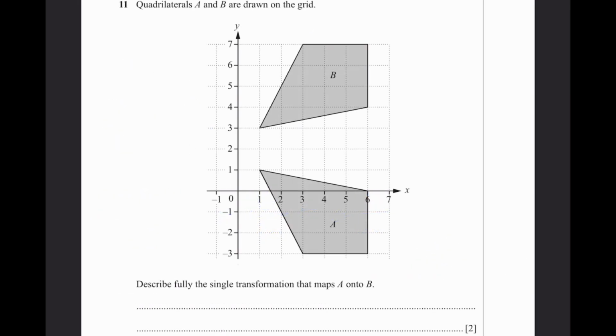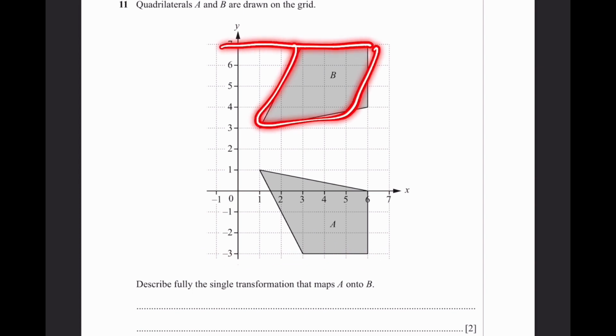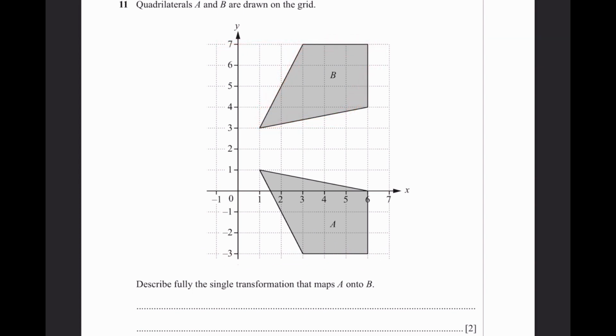Question 11. Quadrilaterals A and B are drawn on the grid. Describe fully the single transformation that maps A onto B. This is actually inverted, as you can quite clearly see. First, this line's on the bottom, the straight line connecting with the line y is equal to 3. And then suddenly this line's on the top of the shape, connecting with the line y equals 7.